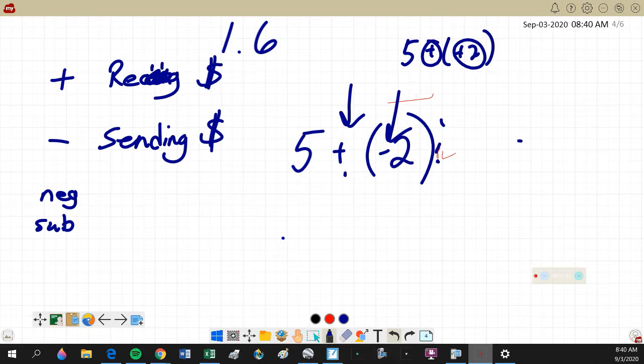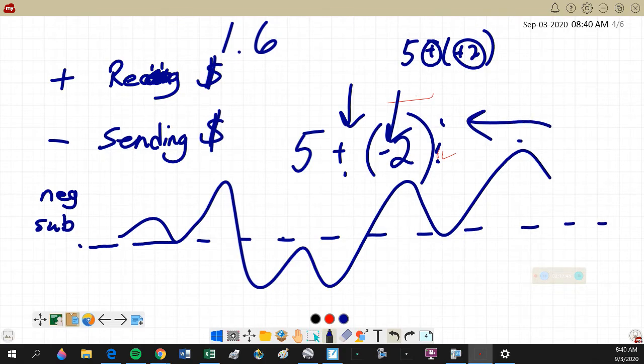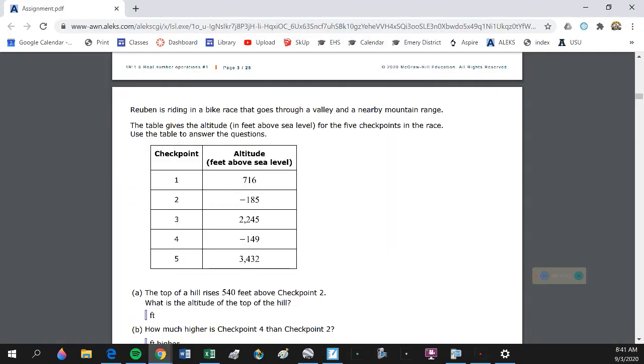So you have this track that you're riding on, and here's sea level, right? And you're going in this direction, and you get to the bottom. This right here is -1, was it 85? 87? 85.